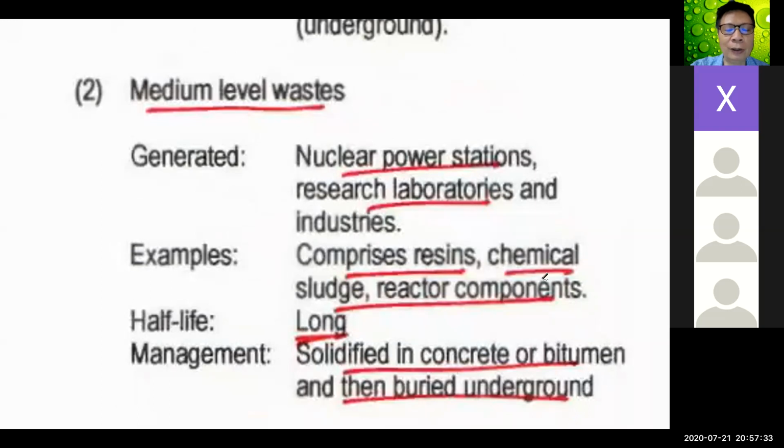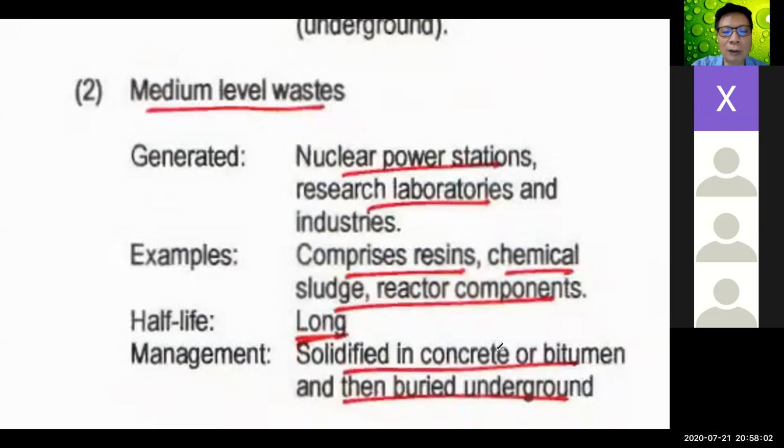Reactor components. Okay, a reactor is a place for the radioactive process to happen. It's a place specially made so that the radioactive reaction can happen. So that is called a reactor. The components of the reactor. Okay, long half-life. So how to handle it?